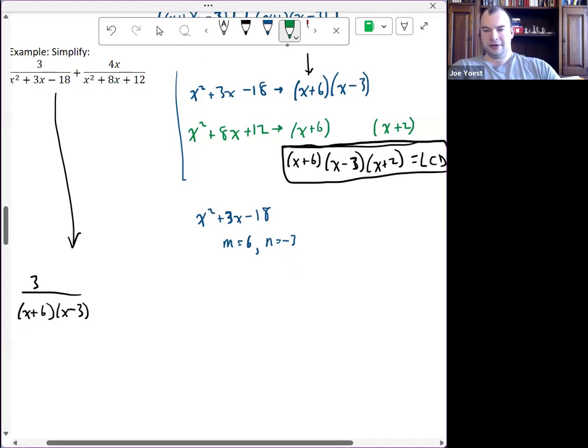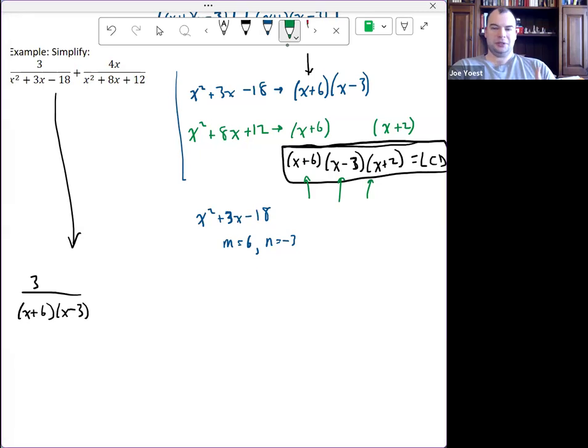I want my denominator to have one x plus 6, one x minus 3. We've got those, but also an x plus 2. So I need to multiply by x plus 2 in the denominator. And if I do that, I better multiply by it in the numerator as well.